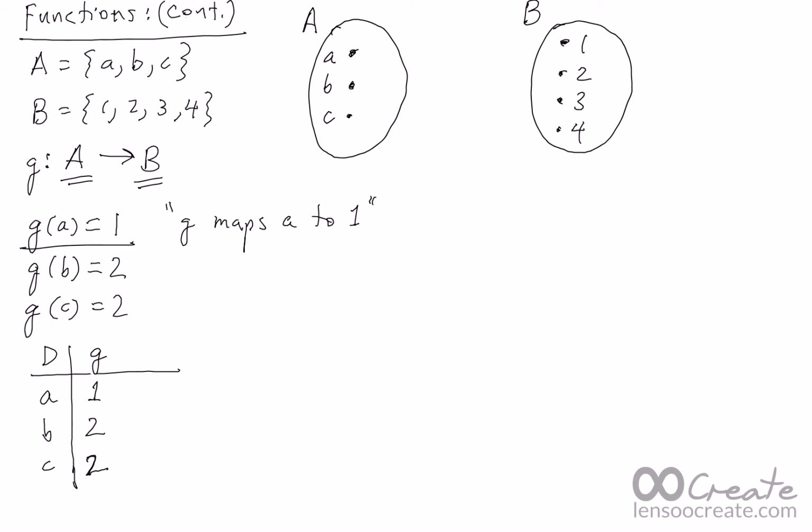I'll do that in this case by mapping little a to 1, mapping little b to 2, and mapping c to 2 also. I can define it however I want. And so this is the function.